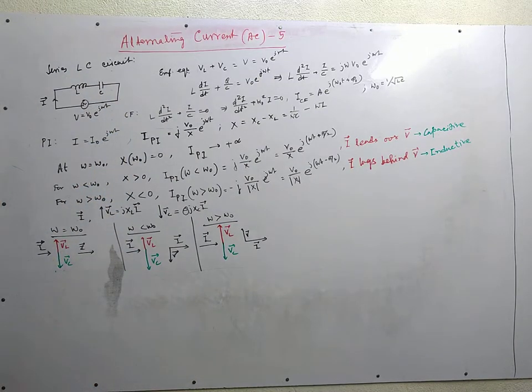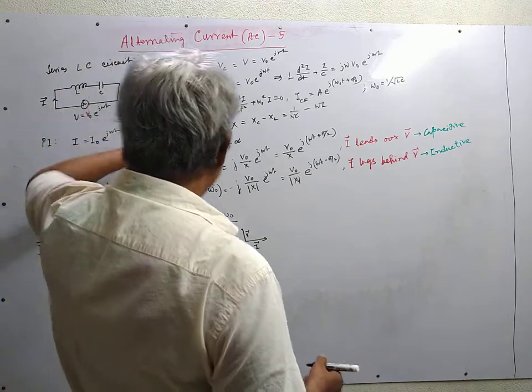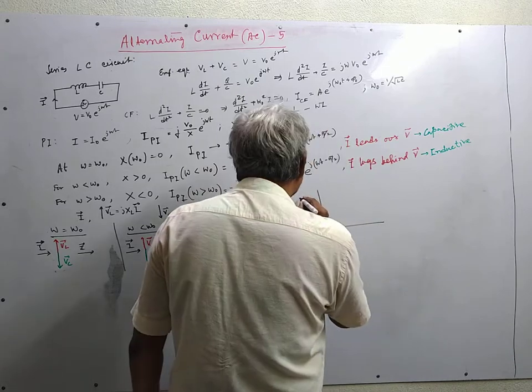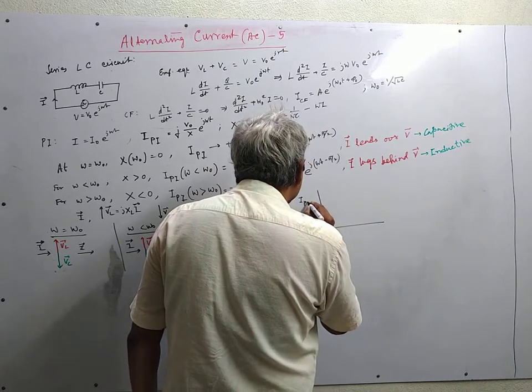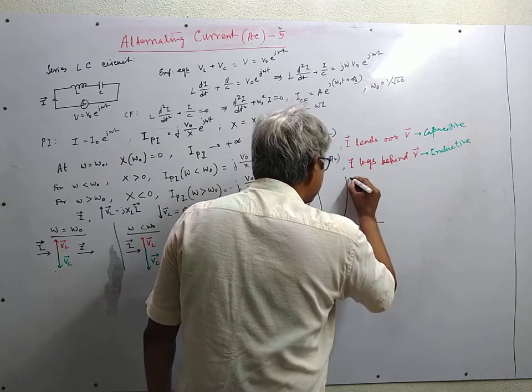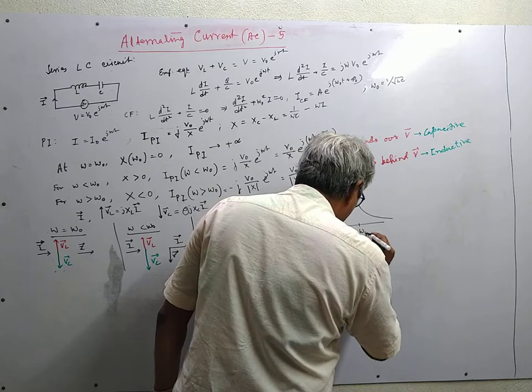And now we come to some critical discussion on it. If we draw the particular integral of the solution, IPI, it shows that the current shoots up to infinity at omega equal to omega 0.